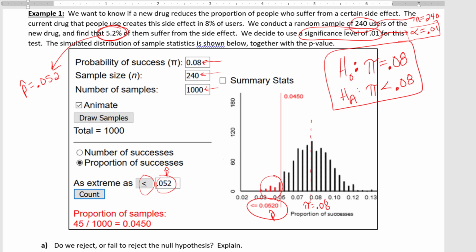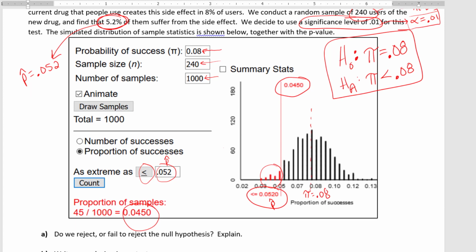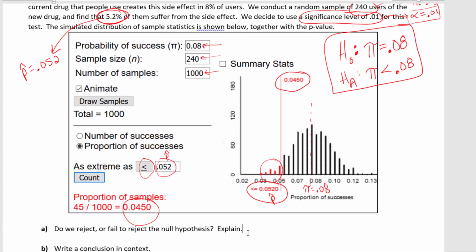So it looks like if the null hypothesis is true, that pi is equal to 0.08, then the probability of getting a sample like ours or less is 0.045. 4.5% of the samples are like ours or less. Okay, so that's all kind of review there. So part A is asking, do we reject or do we fail to reject the null hypothesis?